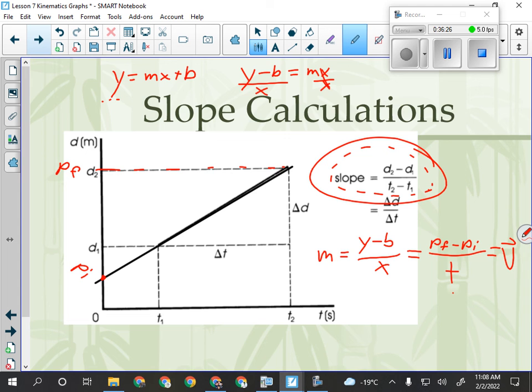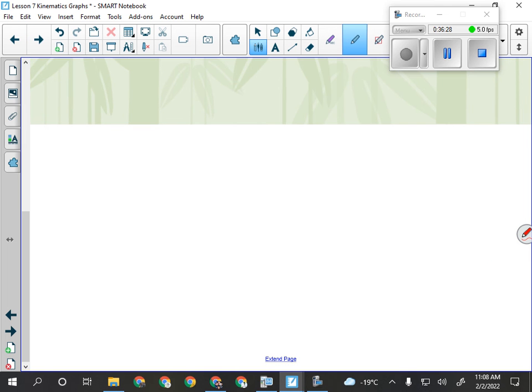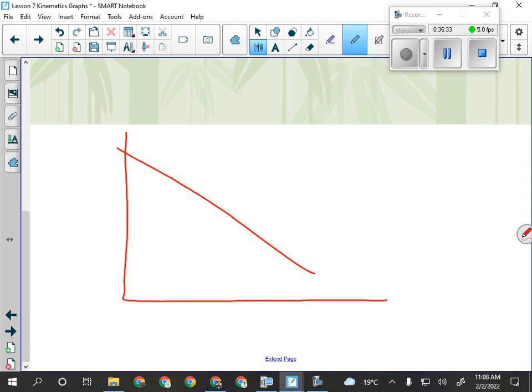So let's say, instead of this graph, I have this graph instead. So now I have a velocity versus time graph. What's on my y-axis? Velocity.